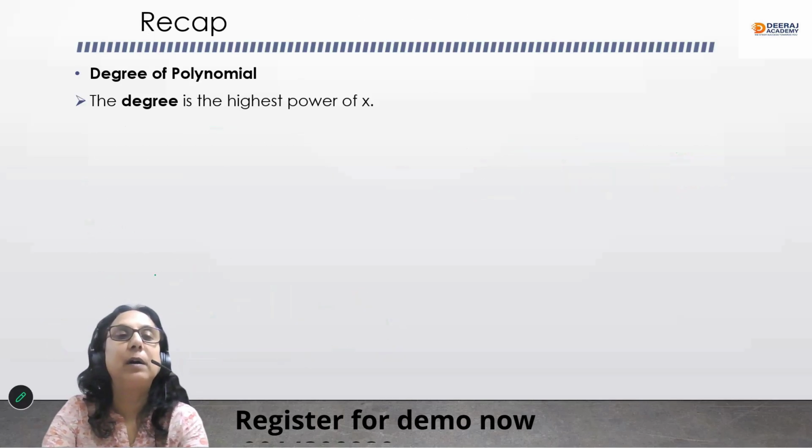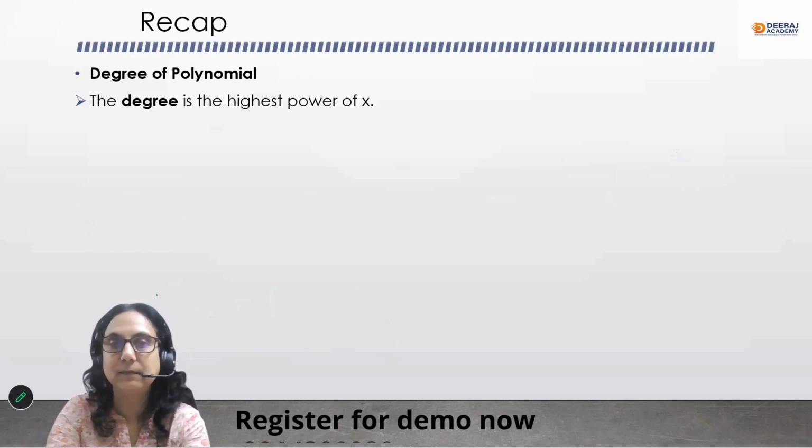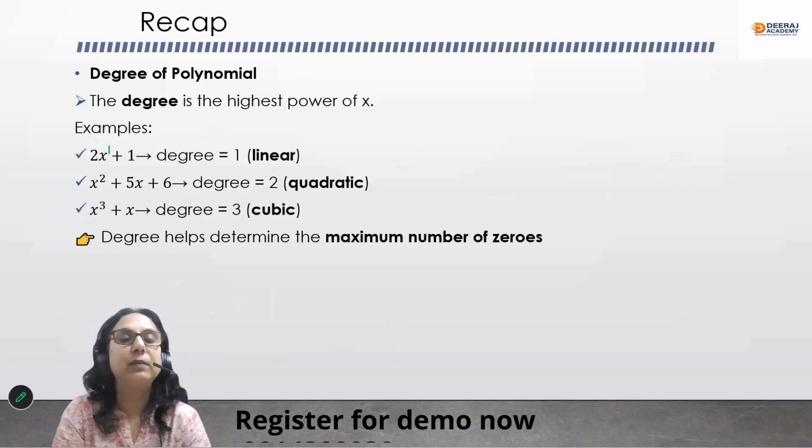Now we will learn about the degree of a polynomial. What is the degree? Degree is the highest power of x. Suppose I have the polynomial 2x plus 1. Here the power of the variable is 1, so its degree is 1.